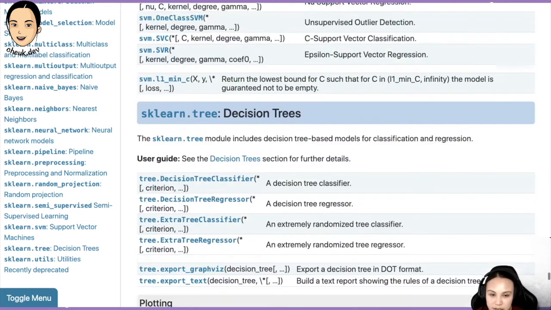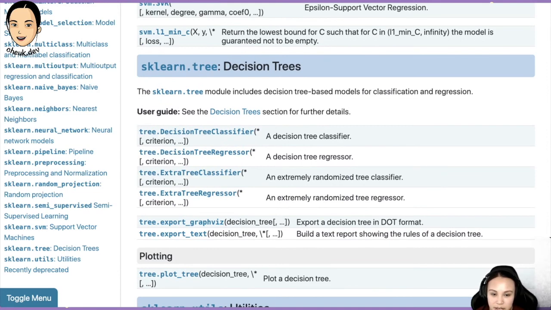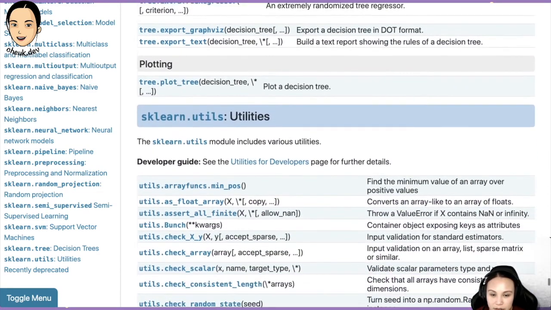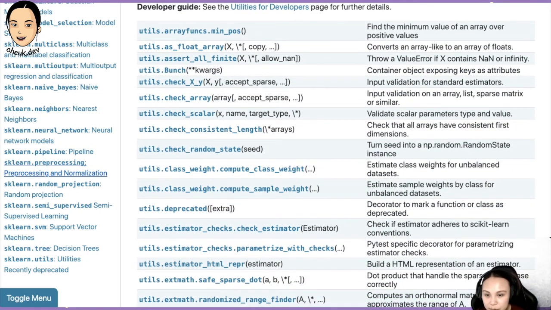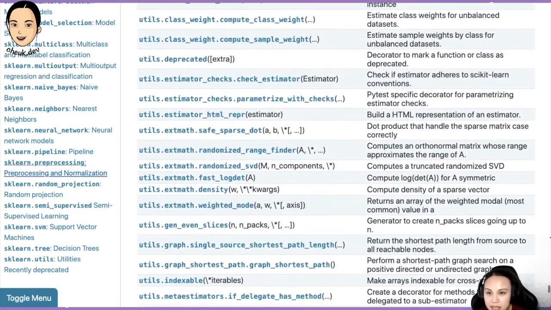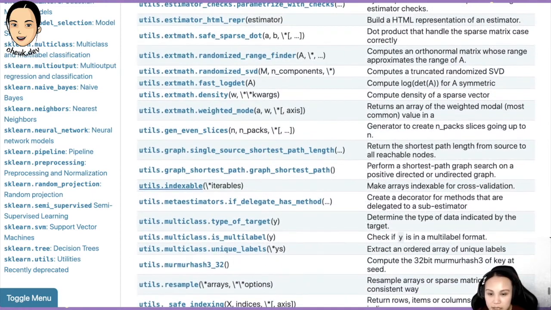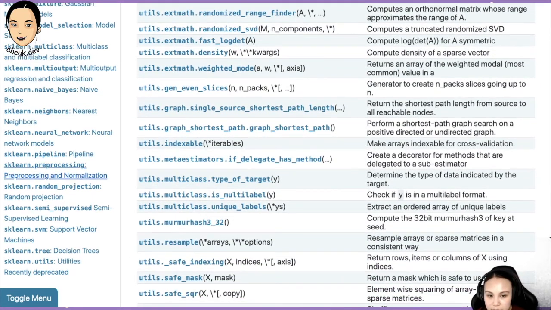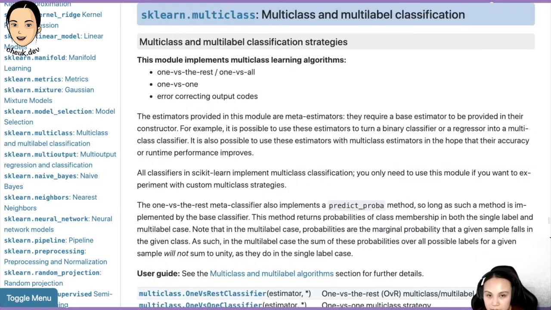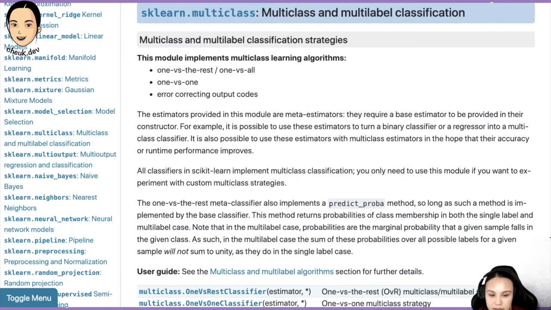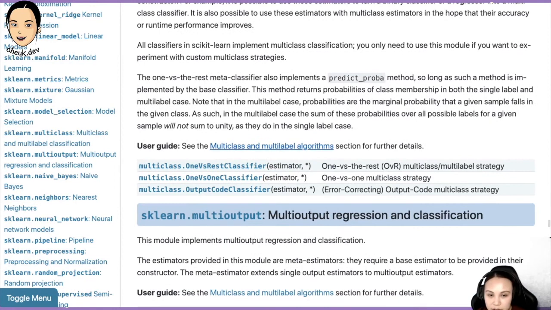Decision trees are here, and I think they also have random forest, but it's hiding somewhere. Maybe it's in the ensemble models, because random forest is an ensemble of trees. Let me see if I can find that. There are also different multi-class classification algorithms in scikit-learn.